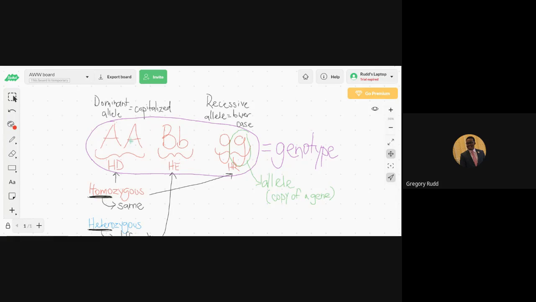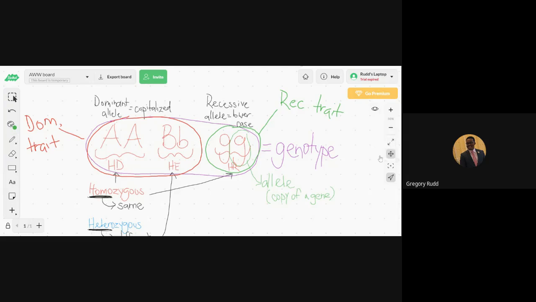Both HD and HE express a dominant trait. The only time I get a recessive trait is when I have homozygous recessive.